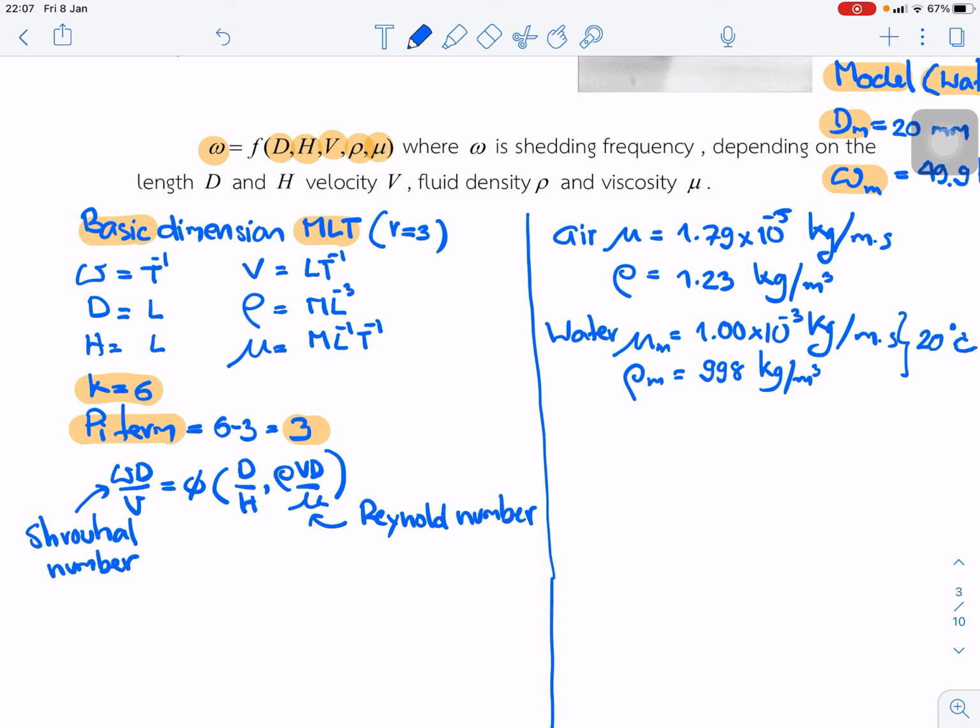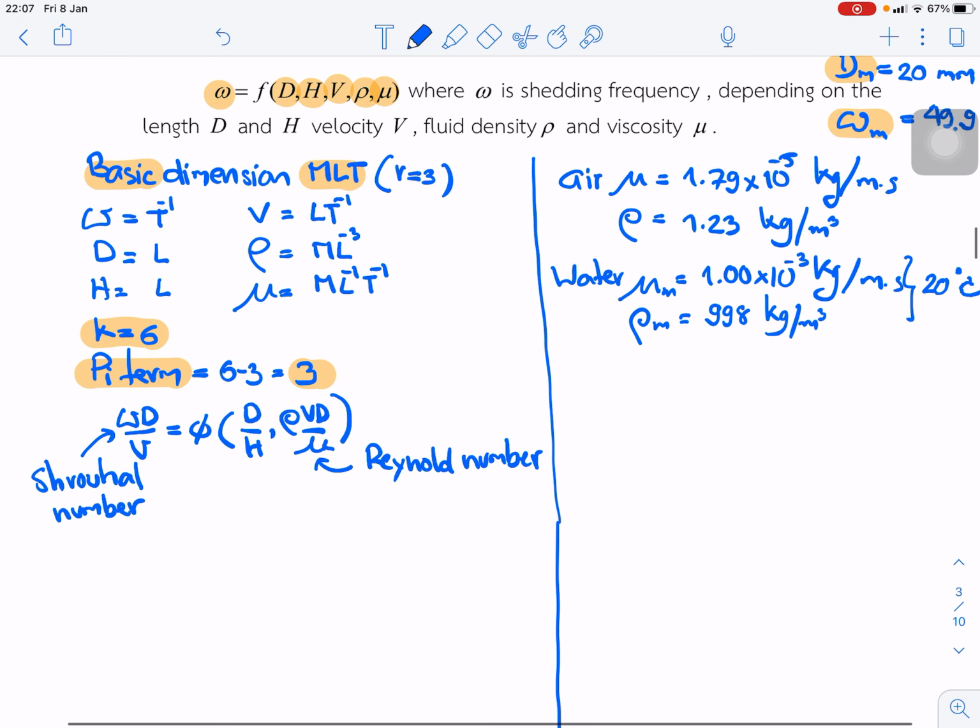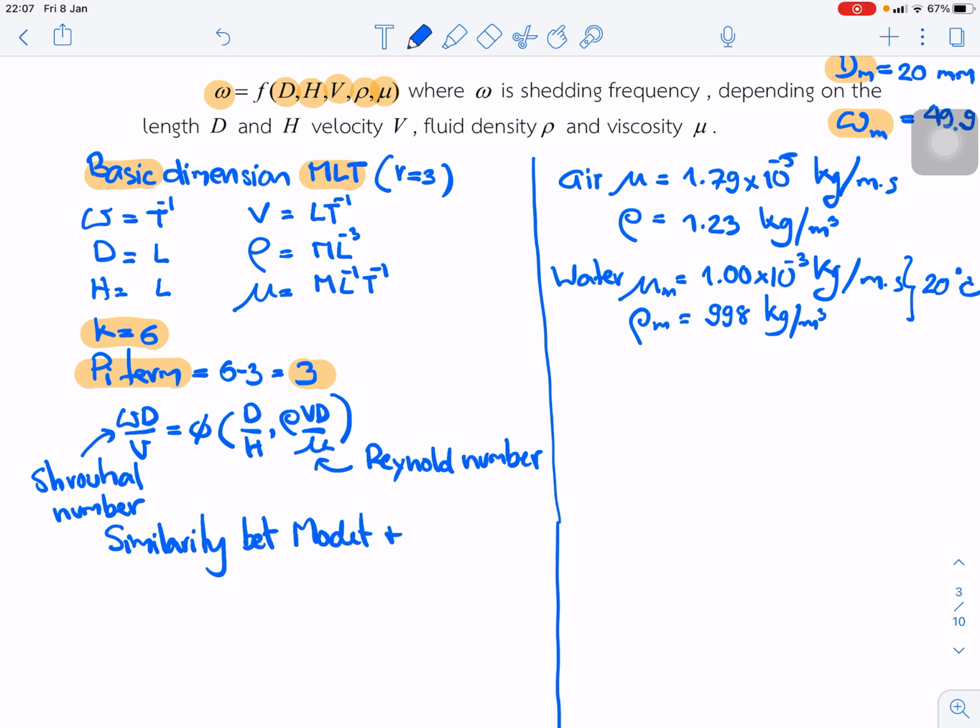This is the name of the dimensionless parameter. And we find similarity between the model and the prototype.